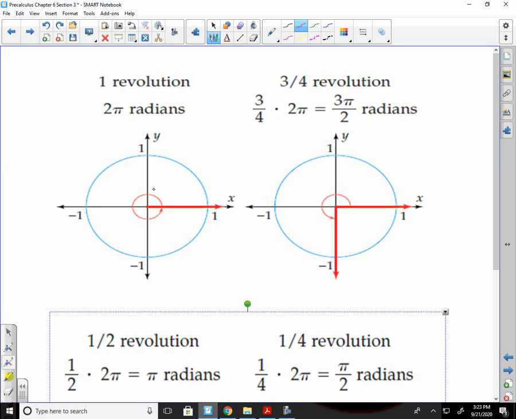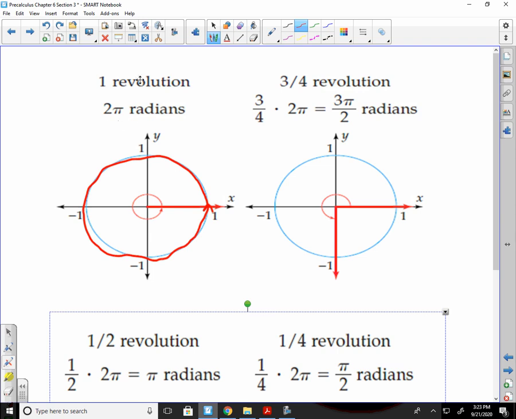If I'm looking at where I go on a unit circle, if I start at the initial side and I go the whole way around and come back, we would have called that 360 degrees before. That is actually 2 pi radians.